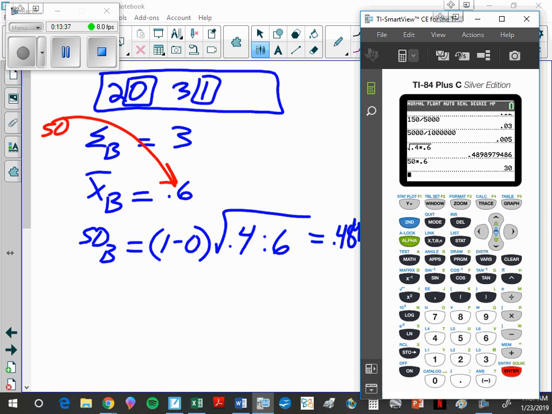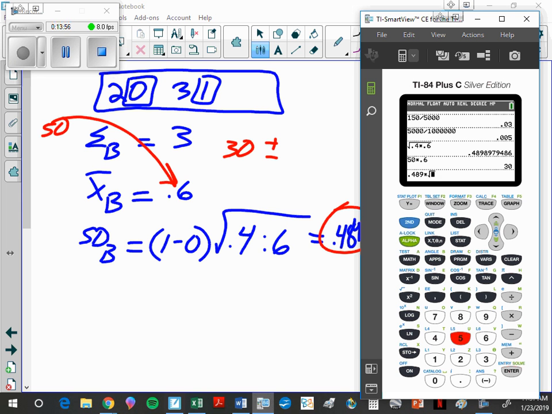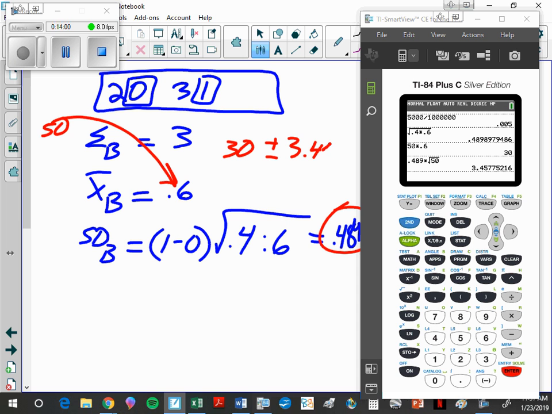I'm expected to get 30 plus or minus how much? 0.489 times the square root of 50. So plus or minus 3.45. So I'm expected to get 30 plus or minus 3.45.